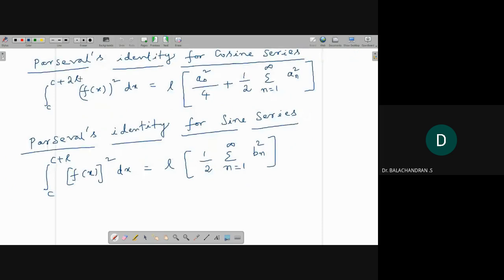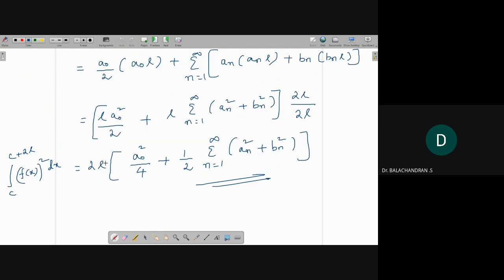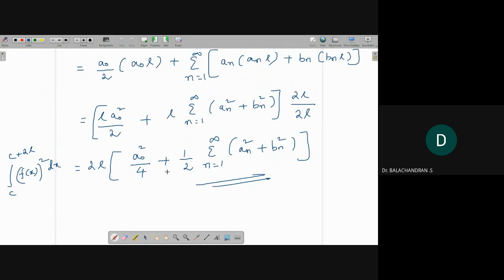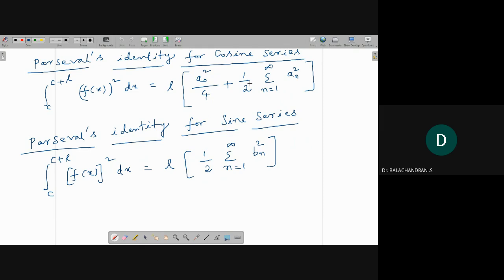I think I did it wrongly here. It should be c to c plus L, the integrand is the same, f of x whole square. Here you have a naught square by 4 plus 1 by 2 summation n equal to 1 to infinity of only an square, not an and bn.